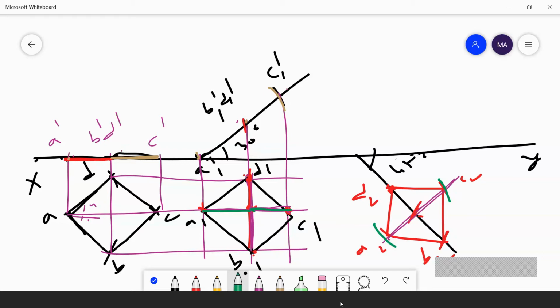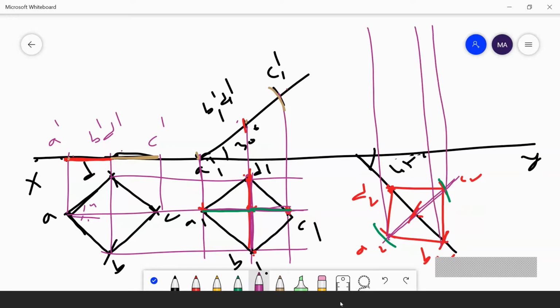After that I am projecting this A2 point upward, this B2 point upward, C2 point upward and D2 point upward. Understand?